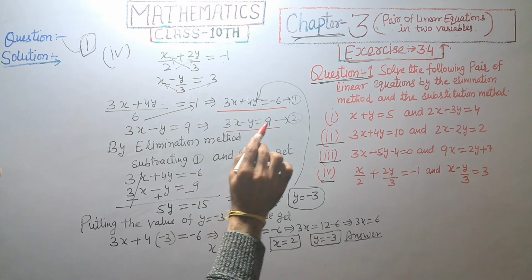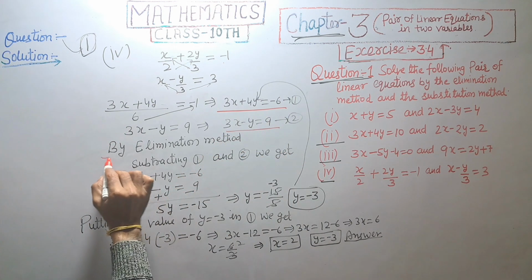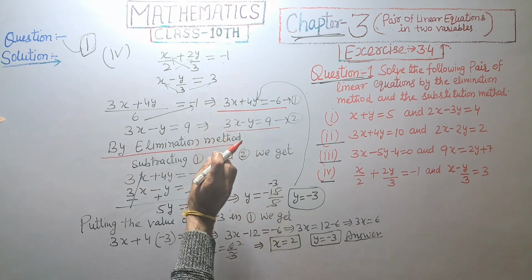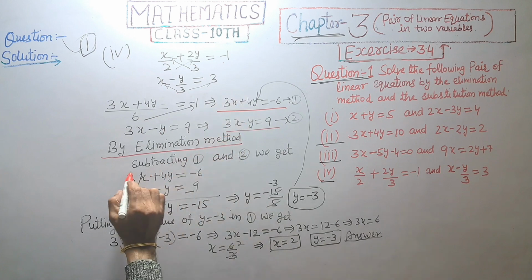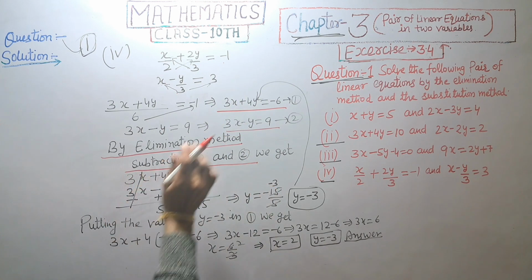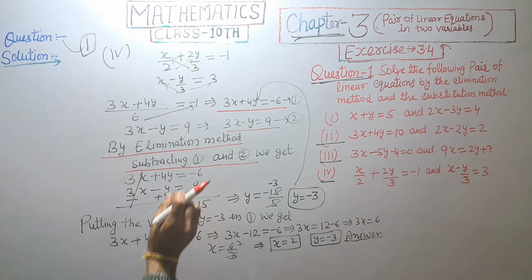It's equation number second. By elimination method, 3x is equal, but subtracting, we are subtracting equation first and second. 3x plus 4y is equal to minus 6. 3x minus y is equal to 9.